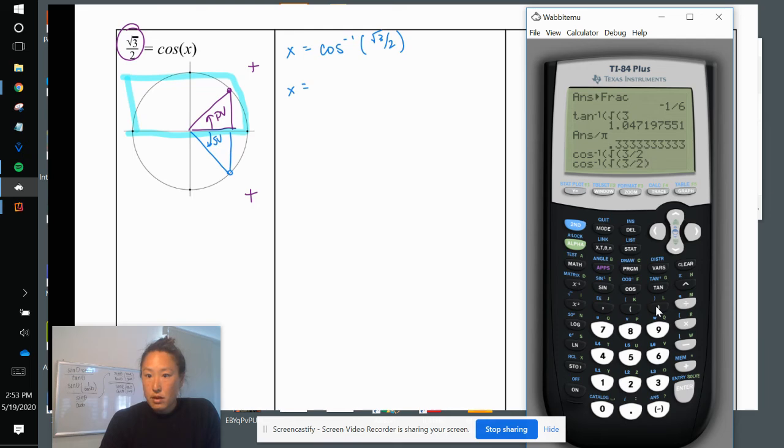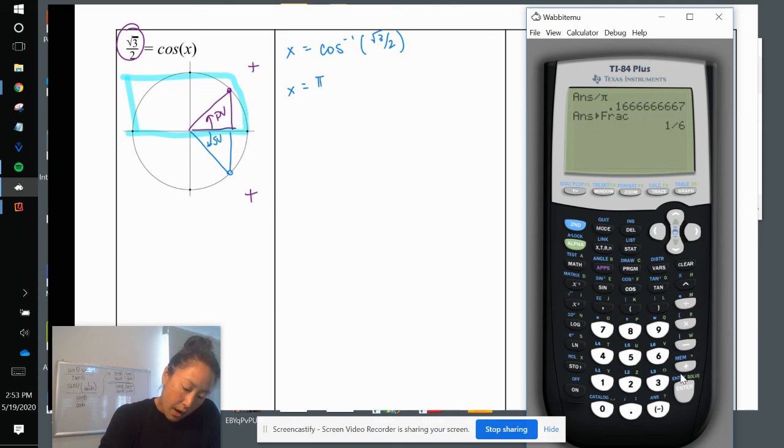I need some parentheses, because the root 3 is the only thing I want in the fraction over 2. Now I'm going to divide out to give me 1/6. If you want, you can math enter that to double check. Okay, so the angle is pi over 6.